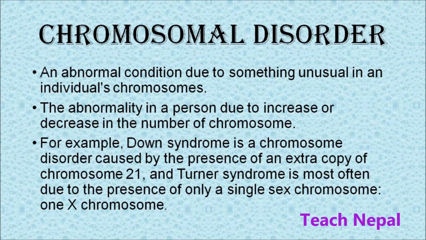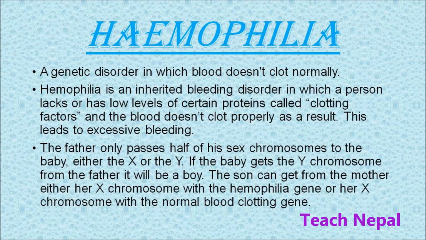For example, in Down syndrome, there is the presence of an extra chromosome, full or in part, in the 21st pair. In Turner syndrome, most often there is only one X chromosome. That is, the regular pattern of chromosomes is not found in the body. This condition is known as a chromosomal disorder.